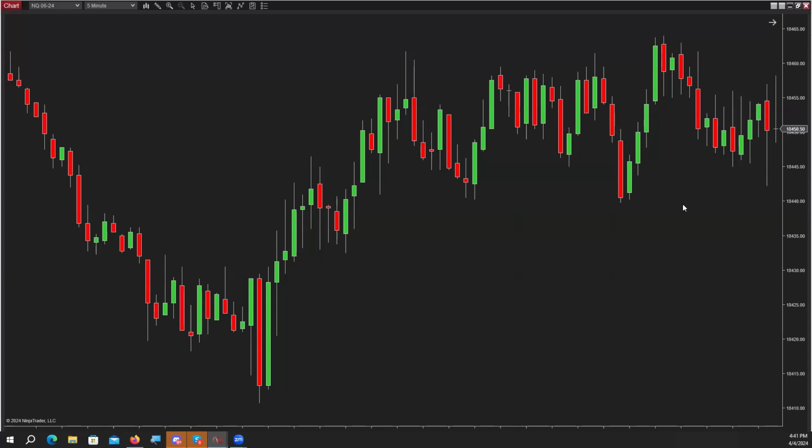The problem is most indicators and most automated strategies are relying on the trend. You can take a look at almost any trending indicator from today, let's say after 10 o'clock in the morning Eastern, NASDAQ, YM, doesn't matter, and I'm sure they all did great. But what happens to the same indicators when the market is doing this, which is actually most of the time?